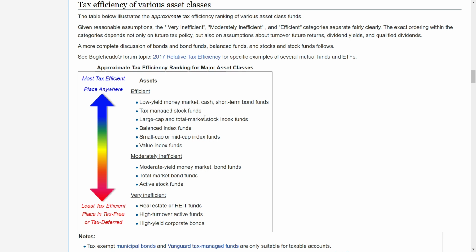S&P 500 is a great example of a broad stock index fund, which is a large cap and is very tax efficient. Balanced index funds, small cap and mid cap index funds, value index funds.